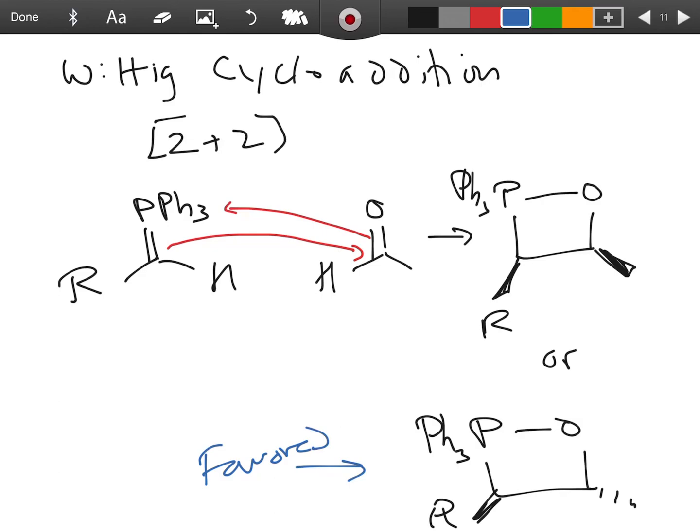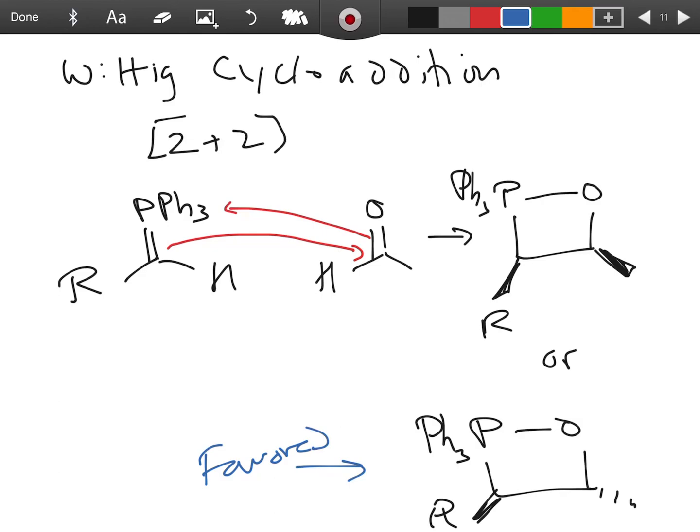So let's go back for a second. You'd rather have the bottom oxaphosphatane, because those two groups are far apart. But you make the less stable oxaphosphatane where the two R groups are together because it's easier for the aldehyde and the Wittig reagent to react in the way that it's shown on top. So it's not looking at how stable the four-membered ring is, it's looking at how easy it is to bring the two groups together.